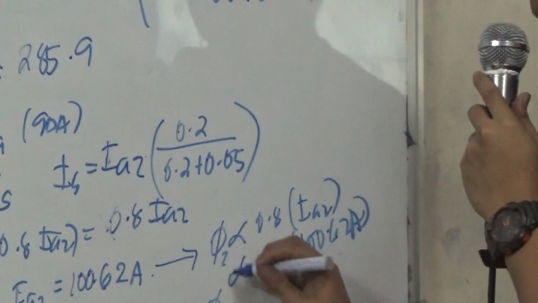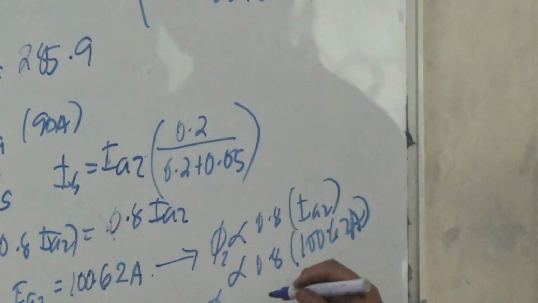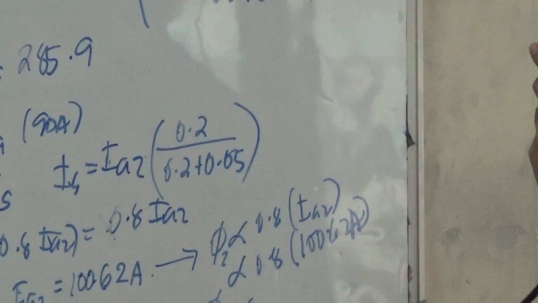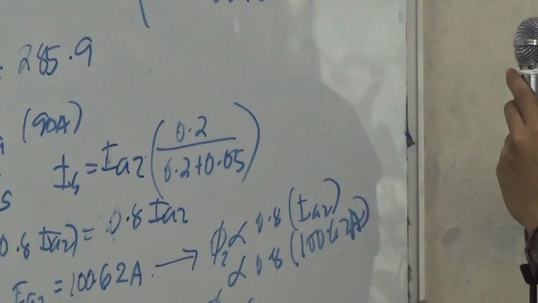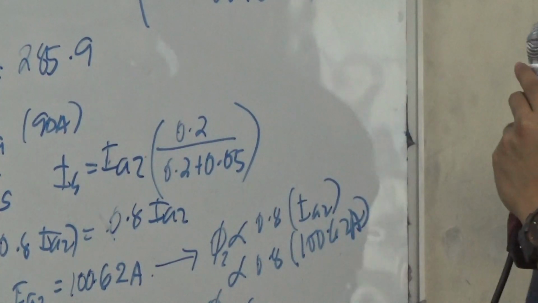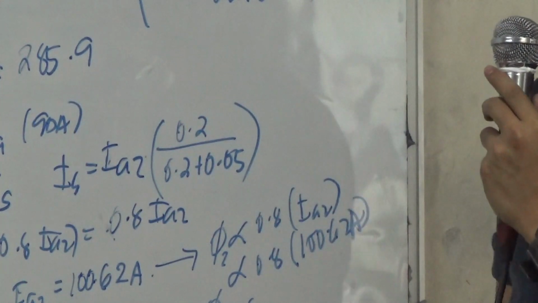Ano yung possible natin lalagay sa flux 2? Flux 2 is directly proportional to the IA2. Ano yung IA2? 0.8 ng 100.62. So, 80 something.